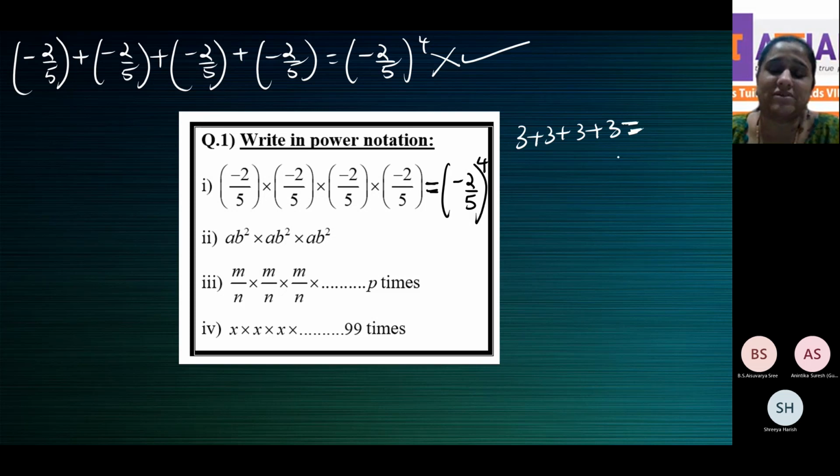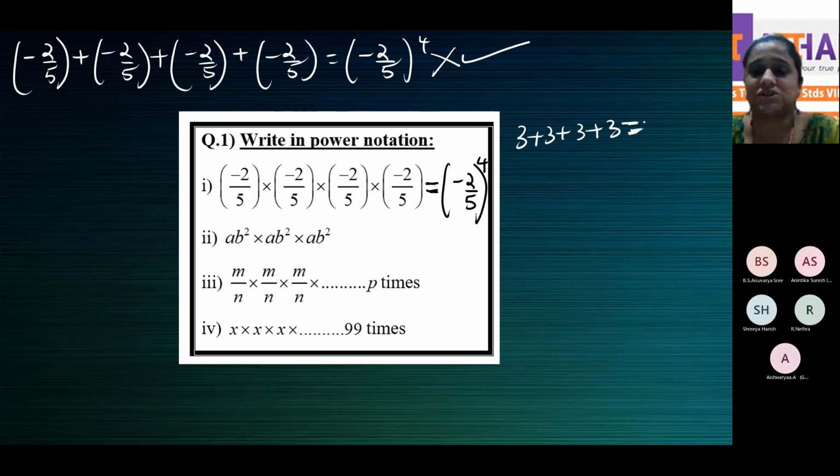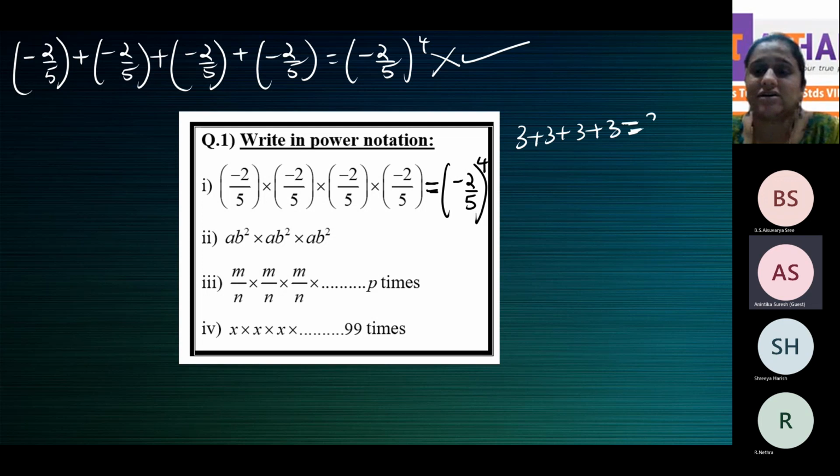How will you represent 3 plus 3 plus 3 plus 3 in a different way? What is repeated addition? Multiplication. Repeated addition is multiplication. So how can you write this? 3 added with itself 4 times, 3 into 4. Very good. So repeated addition is multiplication.